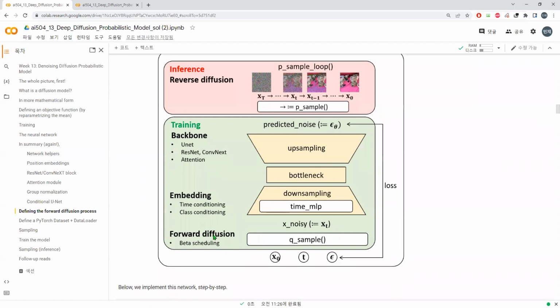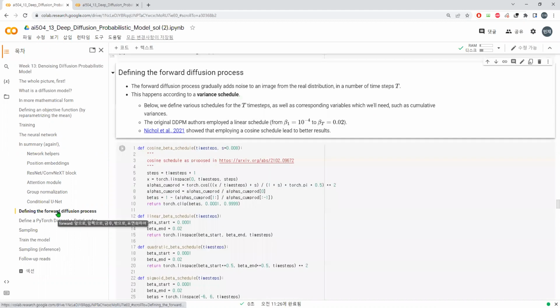I mean, the forward diffusion process is predefined, which means there is no learning process, right? The forward diffusion is predefined by beta. We can schedule the forward diffusion process with the parameter beta. And this section explains it.